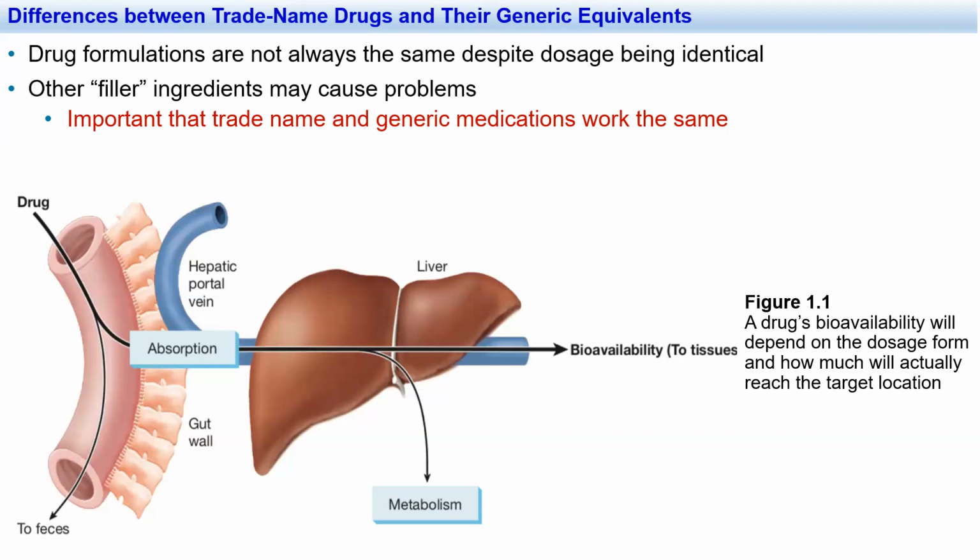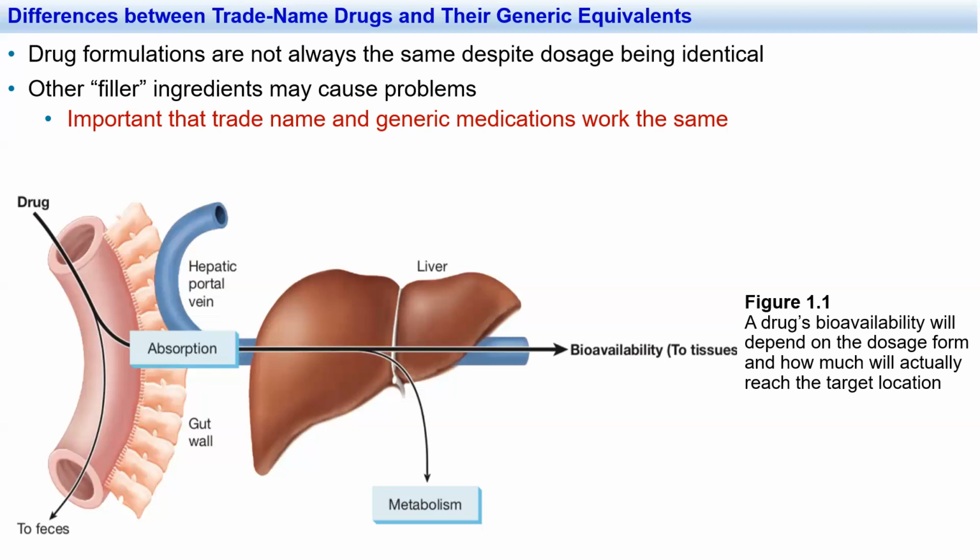Trade versus generics. The bioavailability is the physiologic ability of the drug to reach targeted cells and produce its effect. That is the anticipation for this drug to be bioavailable.